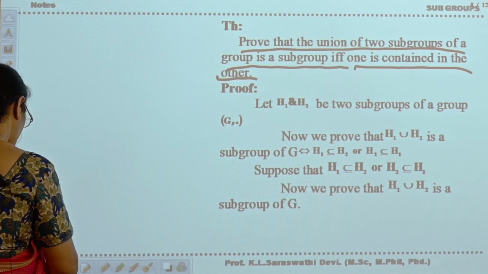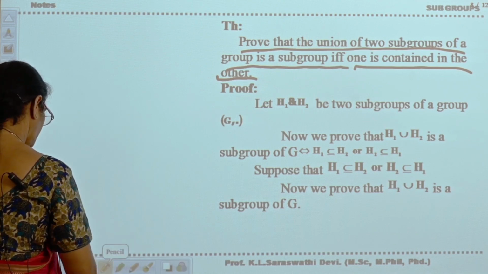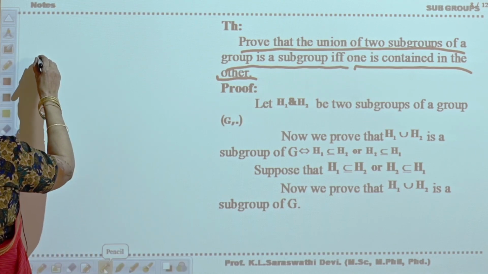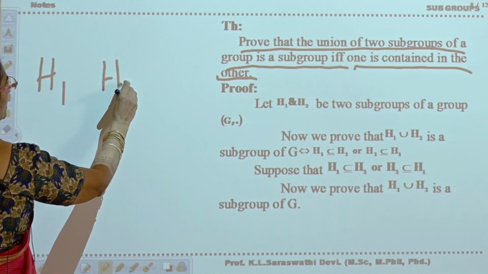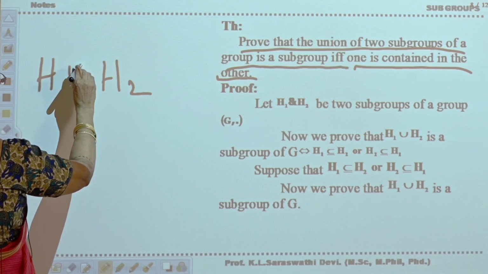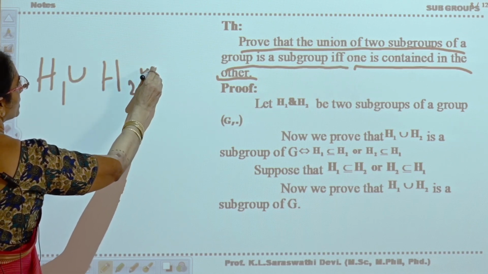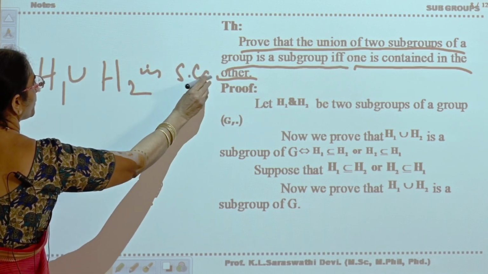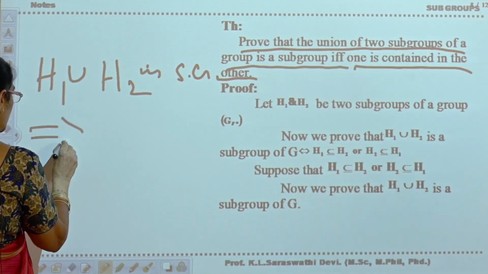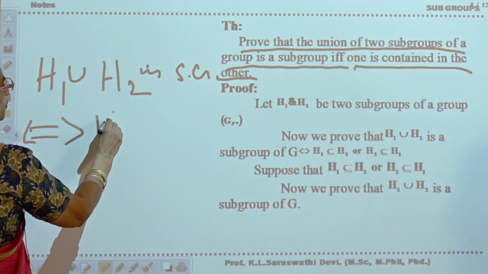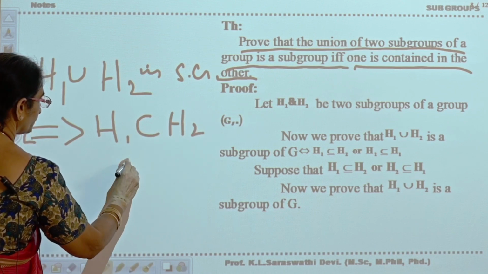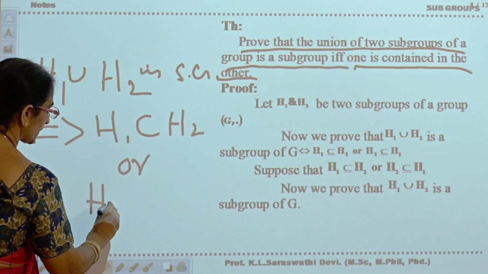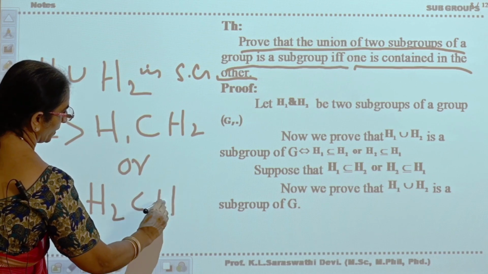That means, if you take H1 a subgroup of G, H2 a subgroup of G, H1 union H2 is a subgroup if and only if H1 is contained in H2 or H2 is contained in H1.